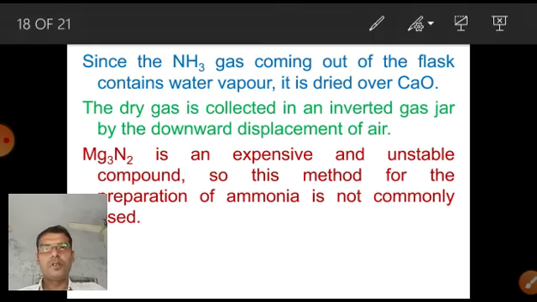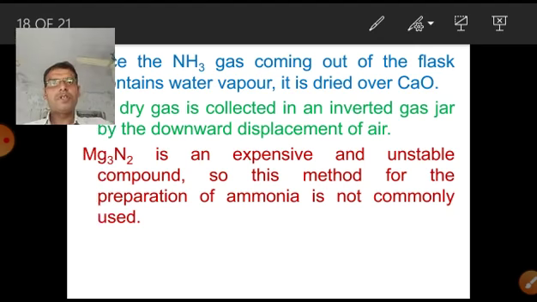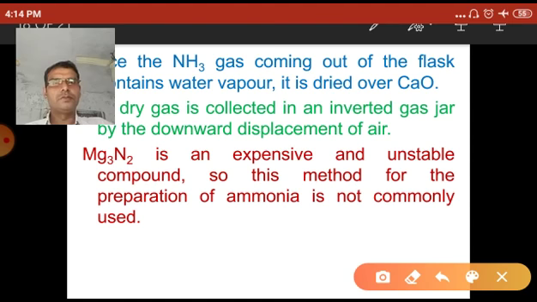Now, this method is not suitable for the preparation of ammonia because magnesium nitride is an expensive substance and also an unstable compound.